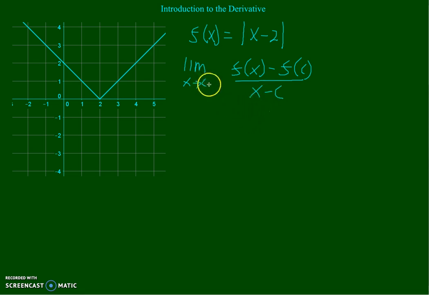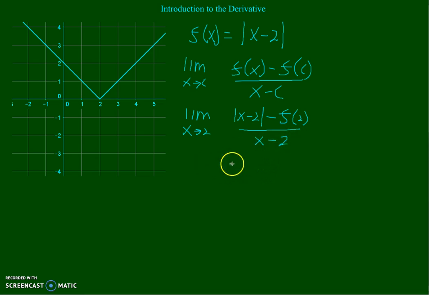In this case our c is 2, so we have the limit as x approaches 2 of f of x, which is the absolute value of x minus 2, minus f of 2 over x minus c, which is 2.